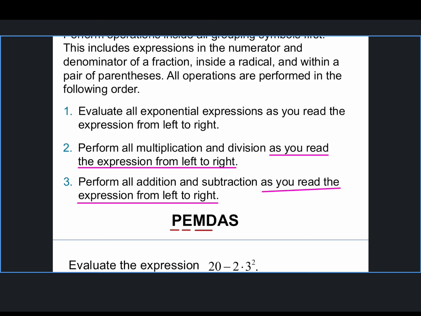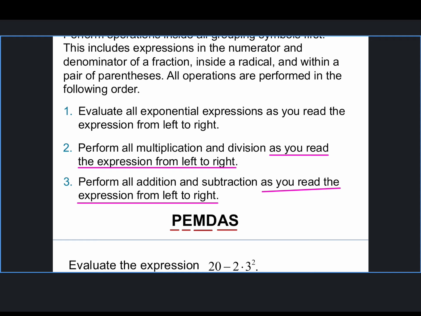Then the MD stuff. Then the AS stuff. So how many different steps do we have? We have 1, 2, 3, 4. So why are there only 3 here? Well, because the whole first paragraph told us that that's where we do our grouping symbols, right?